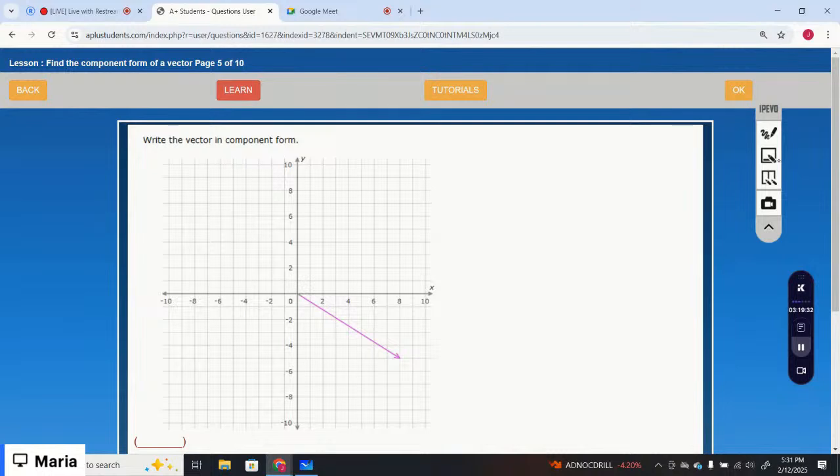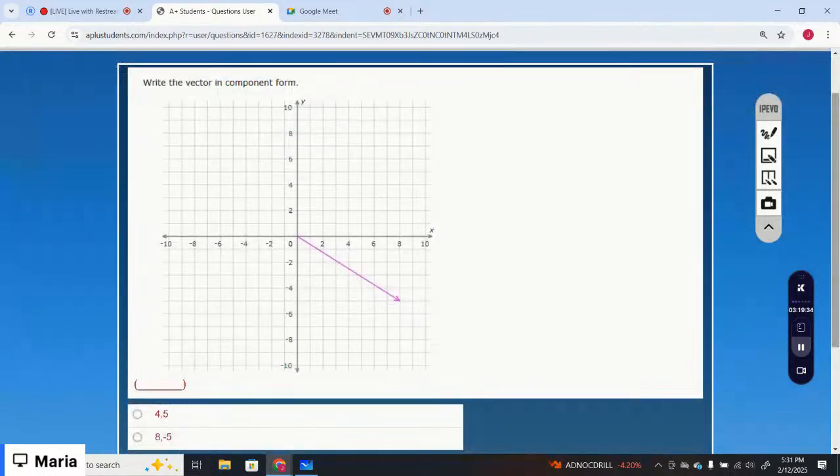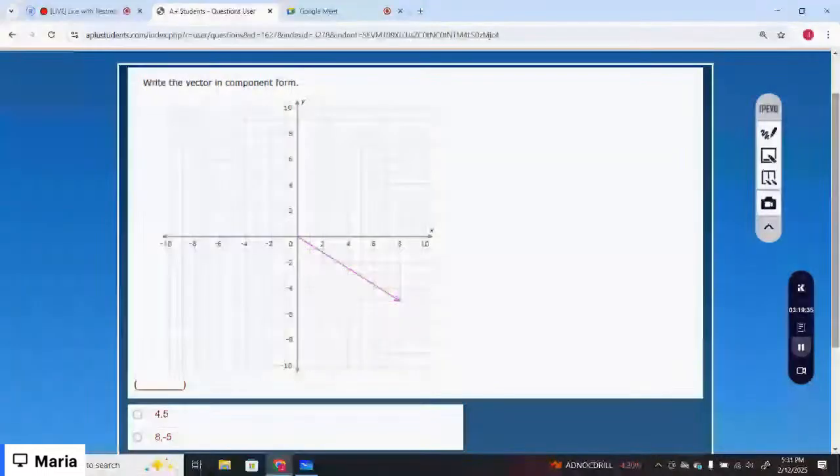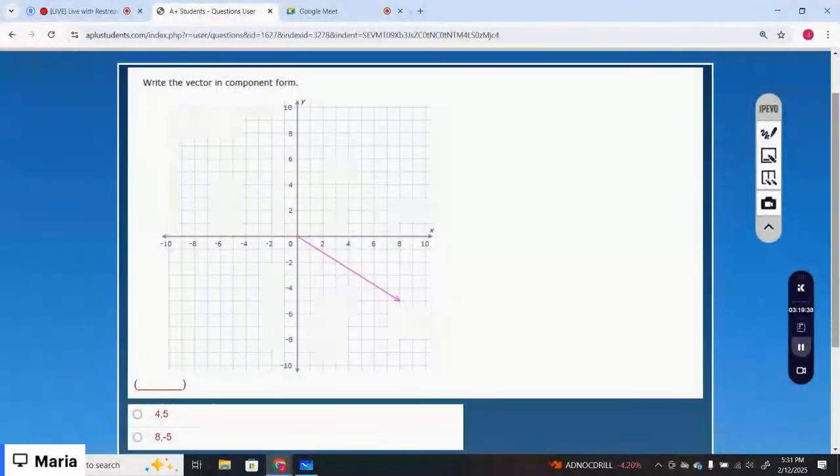Write the vector in component form. Which is the correct option? That is 8 and negative 5.